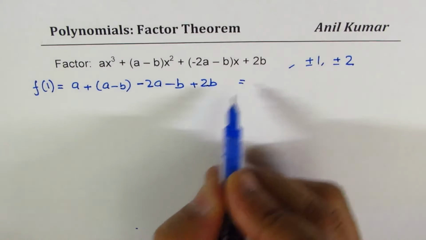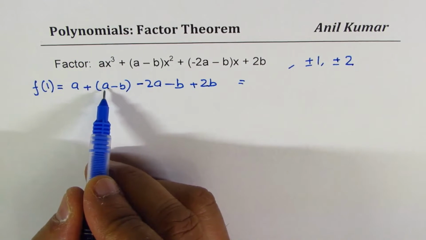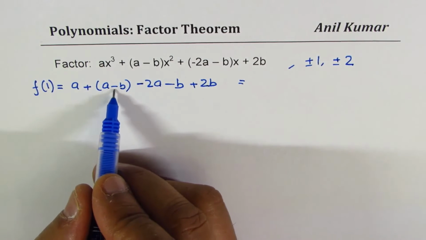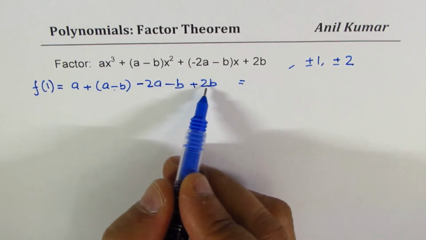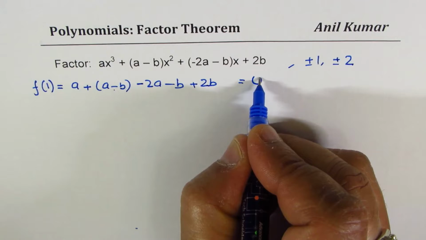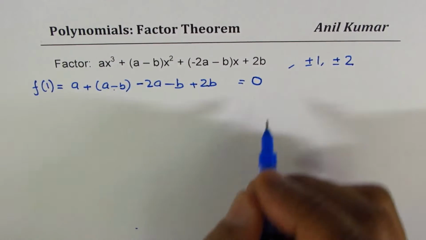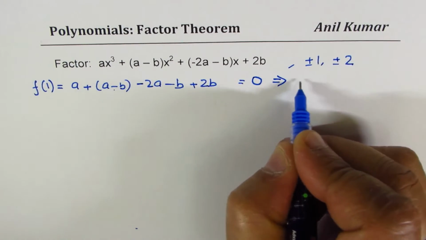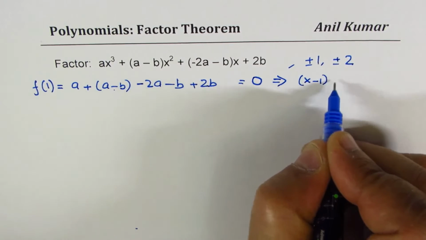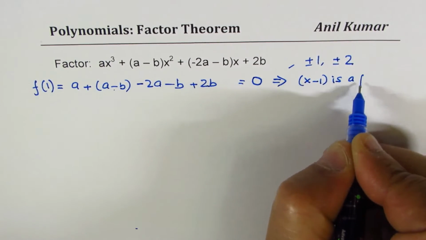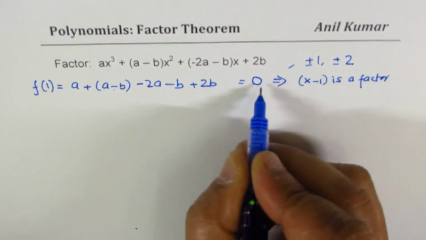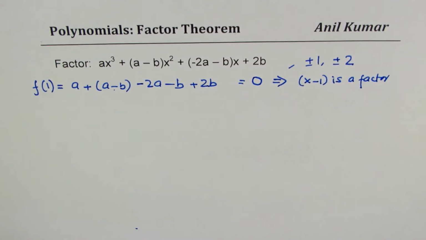So a plus a is 2a, 2a minus 2a is 0, minus b plus 2b minus b is also 0. So that gives you 0. That means x minus 1 is a factor, correct? If the remainder is 0, we know it leads to a factor.